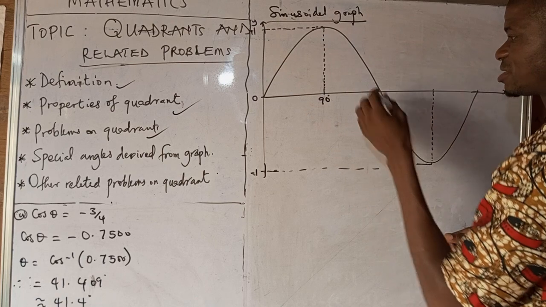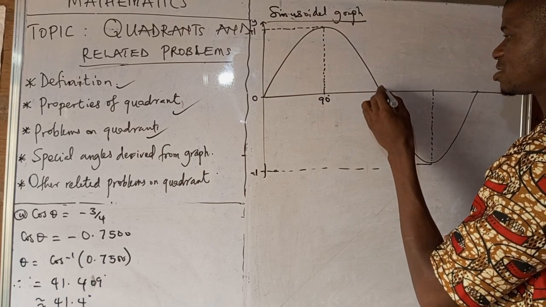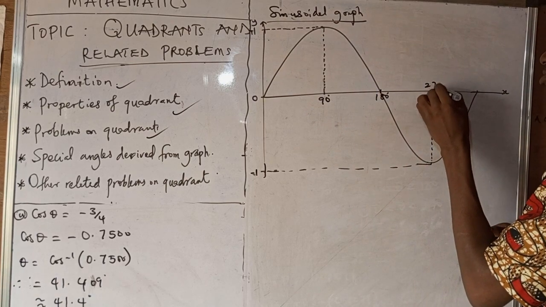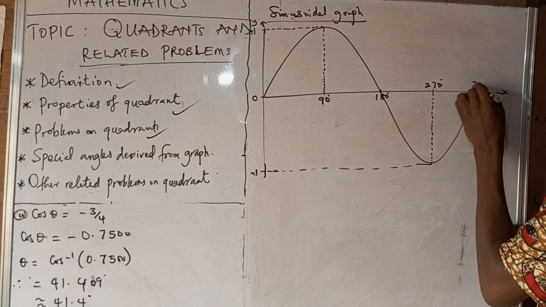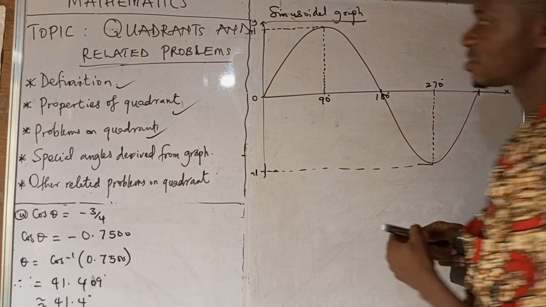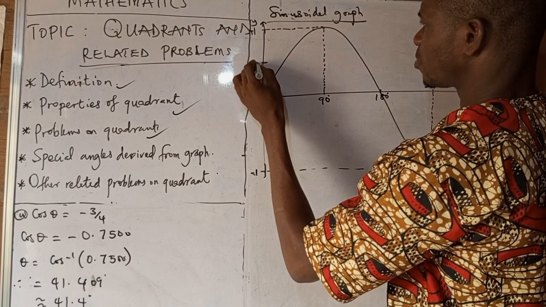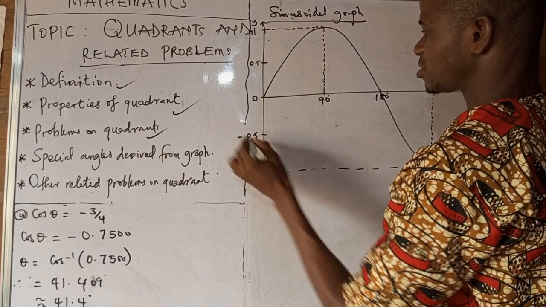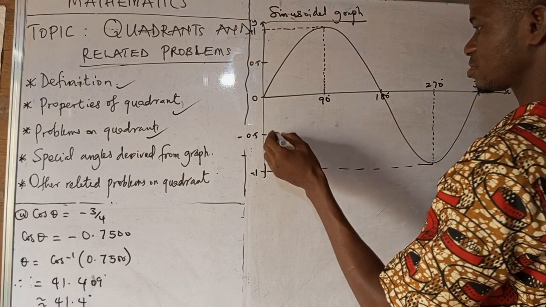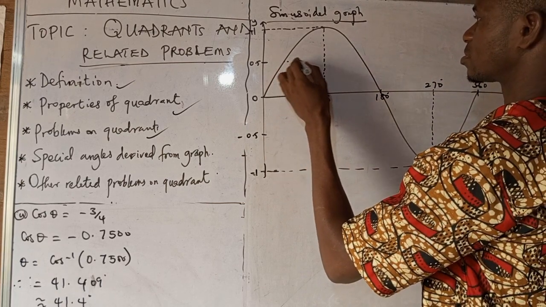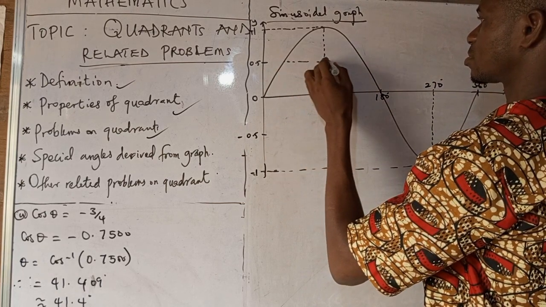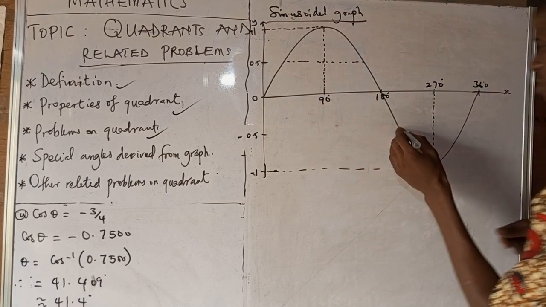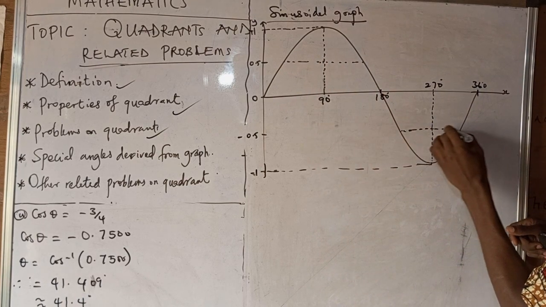This is half of a circle, this will be 180 degrees, this will be 270 degrees, and this will be 360 degrees. Then in between, this will be 0.5, half of it, and minus 0.5, half of it. And likewise, I have this here.